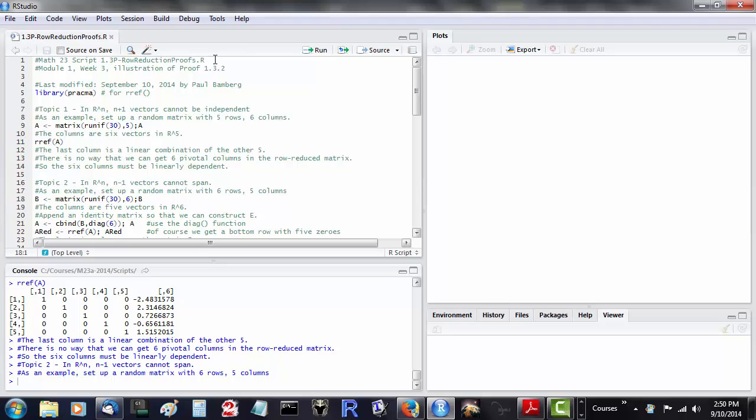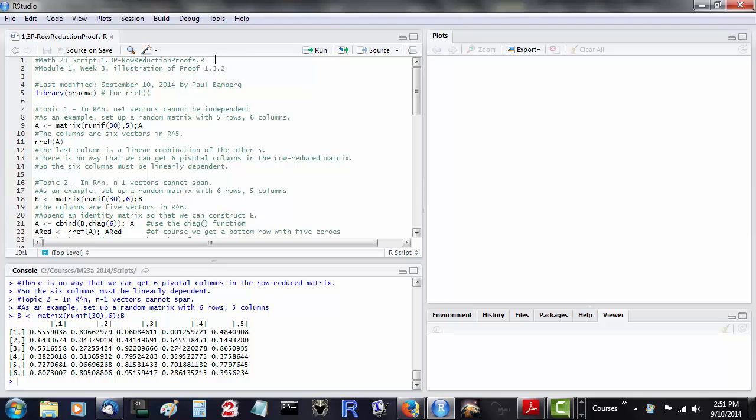Again, that's a total of 30 components, each of which is a random number between 0 and 1, only this time I provide a second argument of 6 to the matrix function, so I get 6 rows and 5 columns. So there's my matrix.